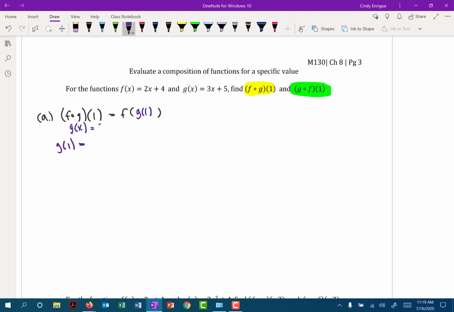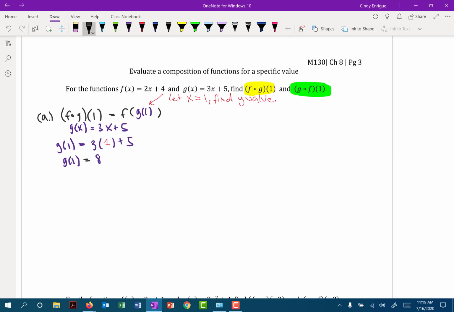My g function is 3x plus 5. So g of 1 is going to be 3 times the value that we're plugging in, which is 1. Remember, this tells you let your x value equal 1, find your y value for your function g. So now when I plug that in, I'm going to get 3 plus 5, which is equal to 8. So I know that g of 1 is equal to 8.